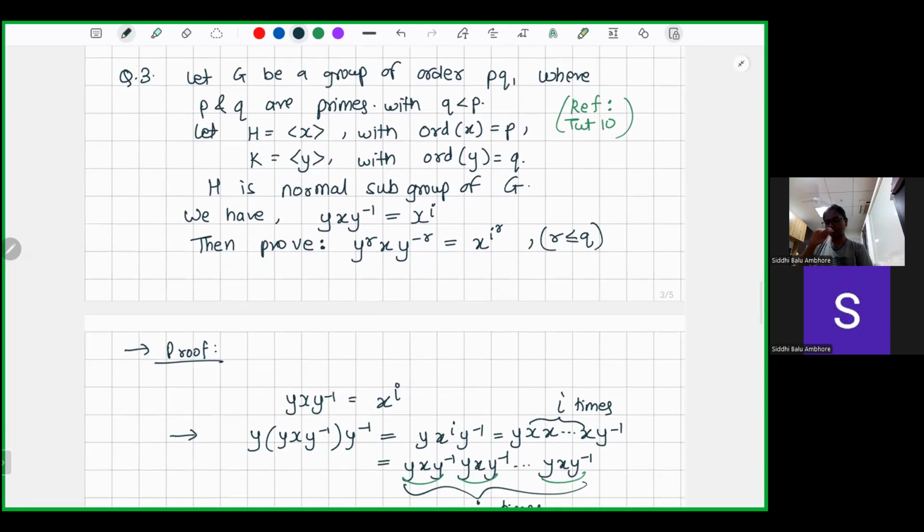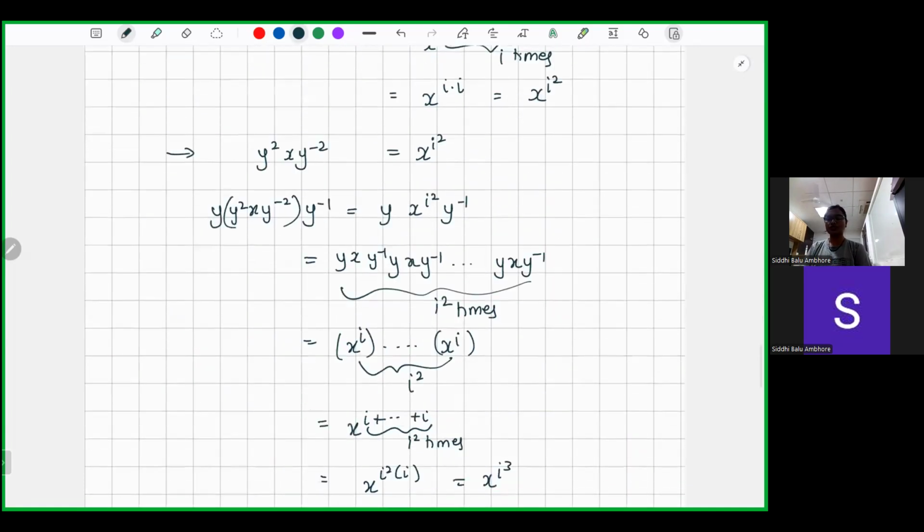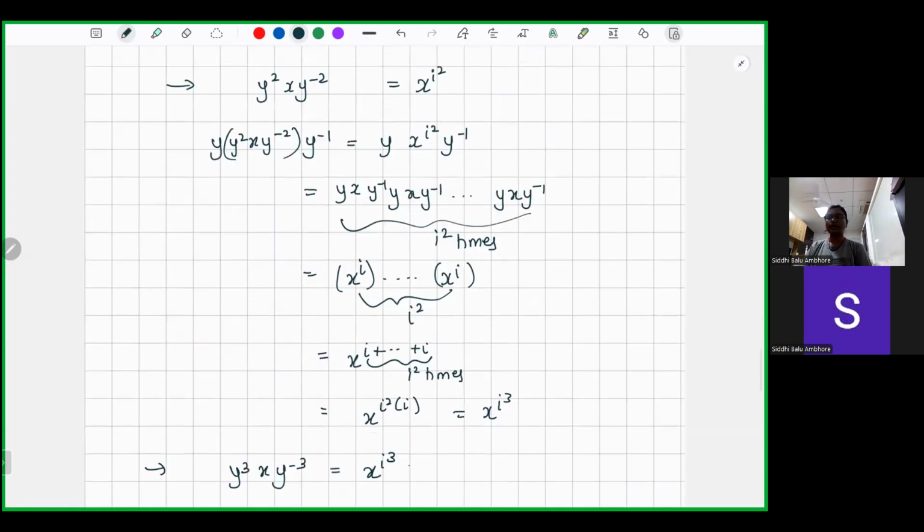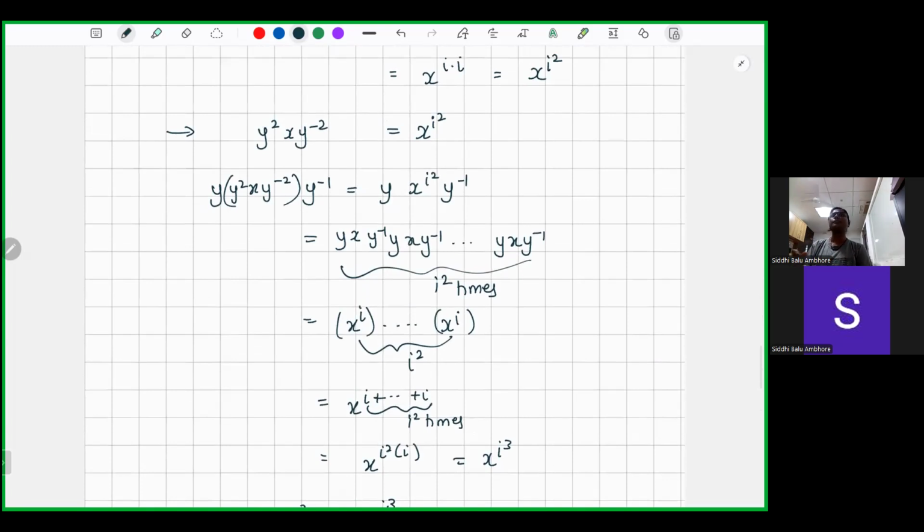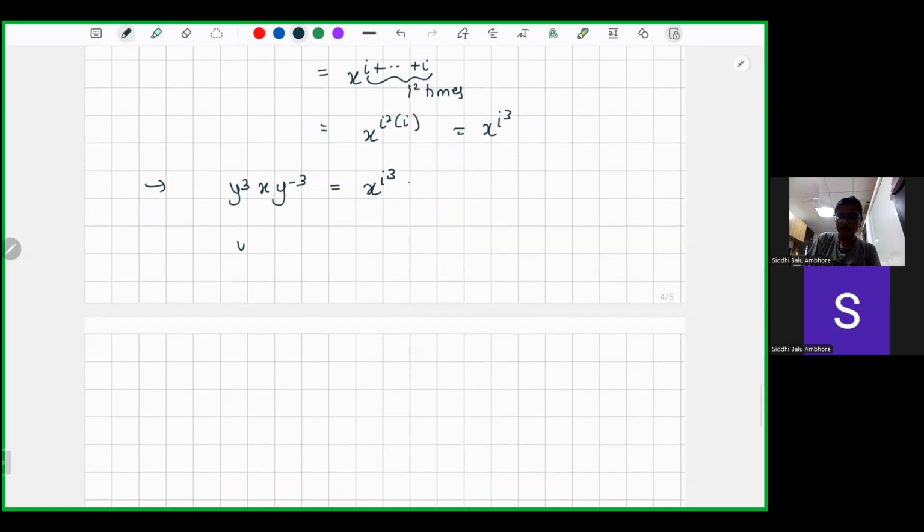So this is a finite process, and you can just continue to do this. Every time we split, we will be doing this transition here. And forget about this. If we do the induction, what we will have is (x y^r) minus 1, x y power minus r minus 1 is equal to x power i power r minus 1.